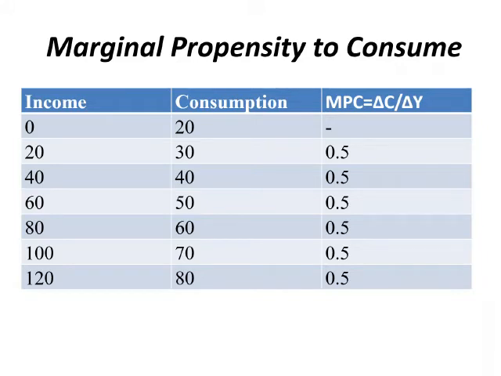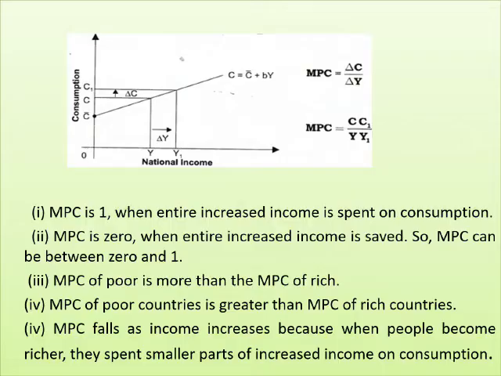The slope of the C function is indicated by MPC. The slope of the C function is constant here. It implies that MPC is constant corresponding to all levels of income, so the C function is called a linear consumption function.